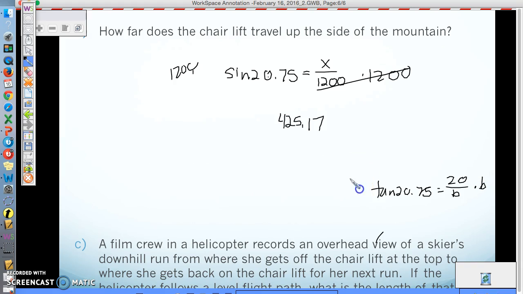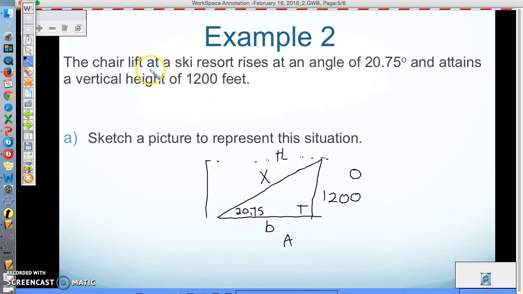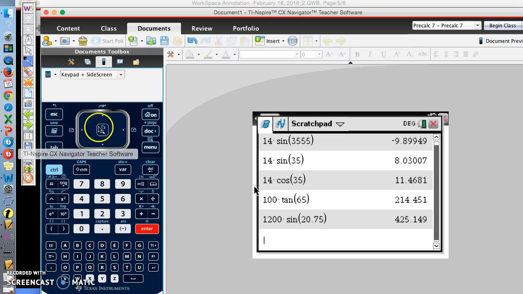So multiply times B. So now we have B times the tangent of 20.75 equals, I think it was 1200, my bad. So we divide by the tan of 20.75. It's gotten a little messy, I'm sorry, but that opposite was 1200.